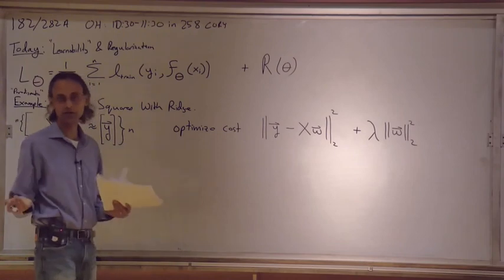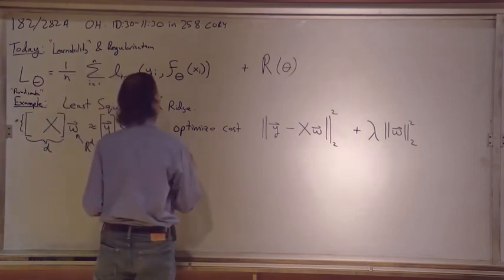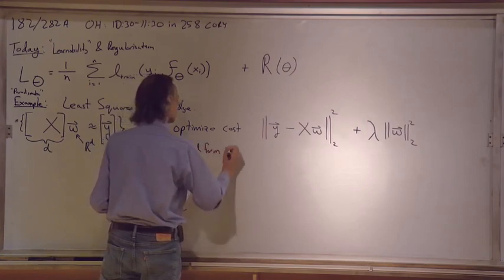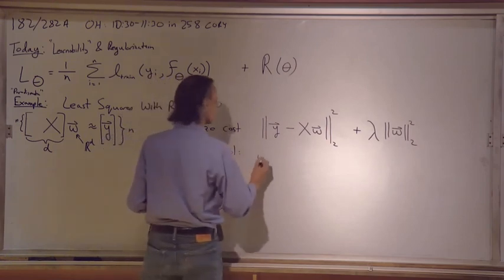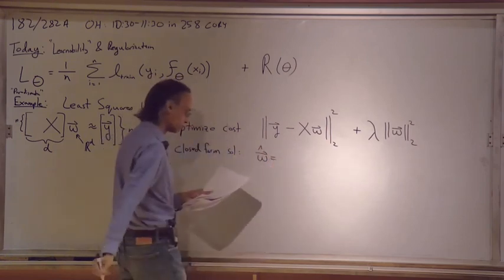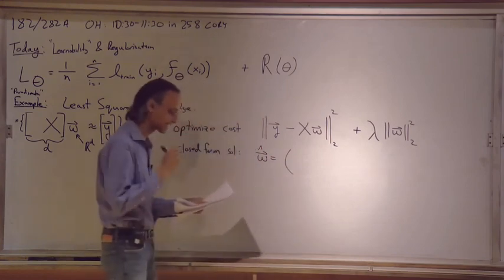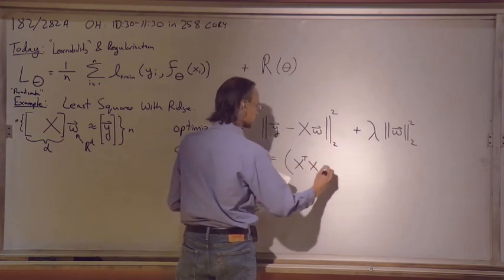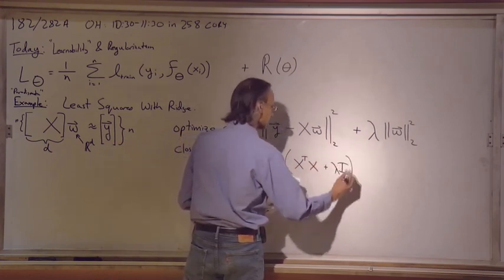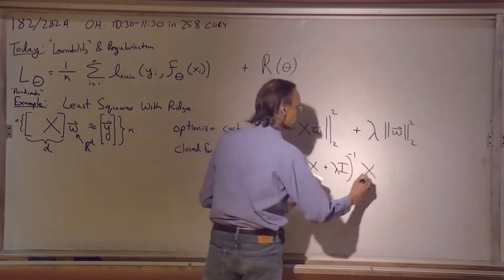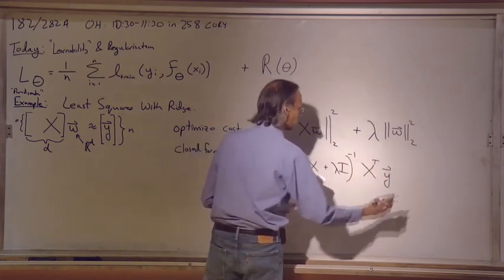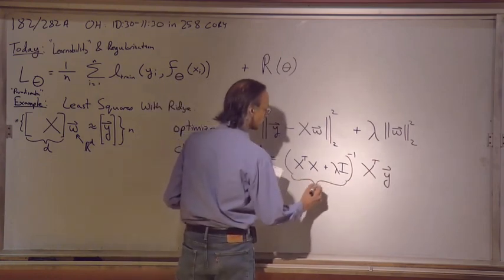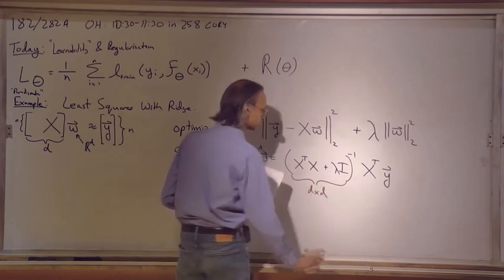And this has the solution in closed form, which is, I'll write it in its classic form, x transpose x plus lambda times the identity, inverse, x transpose y. So just to understand this matrix that we're inverting here, this is a d by d matrix.